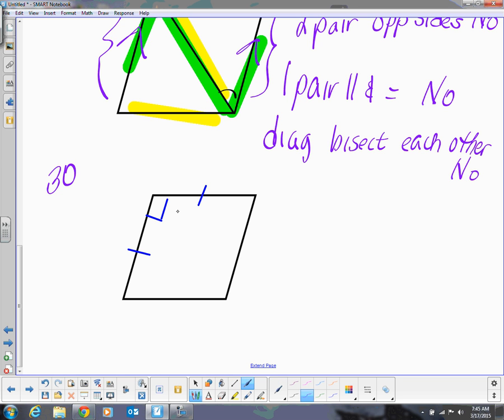So if that's a right angle, we can't say this is 90 because we don't know it's a parallelogram. So what if I were to draw this in? What type of triangle is that? It is isosceles, meaning this angle is congruent to that angle.